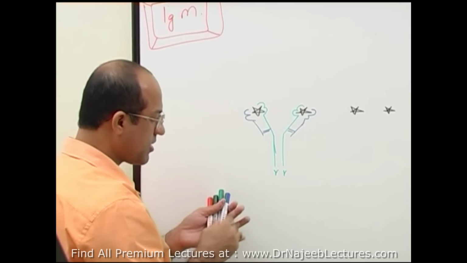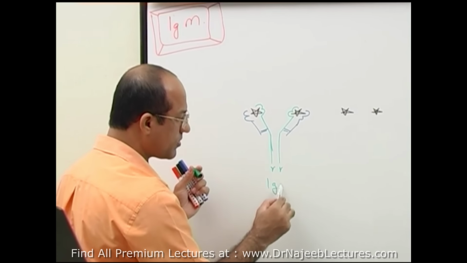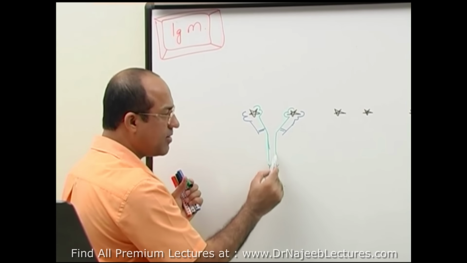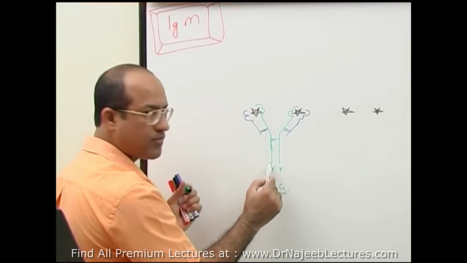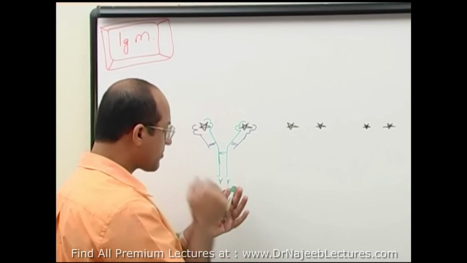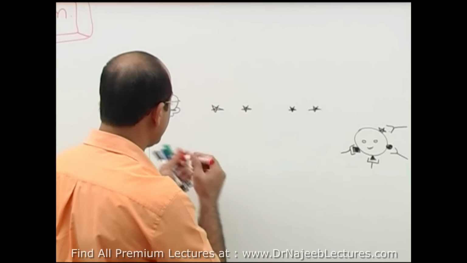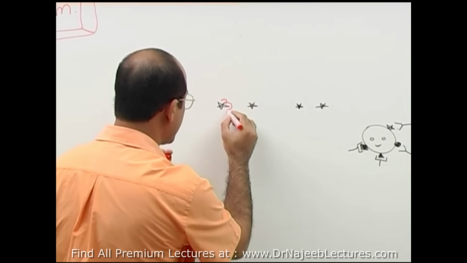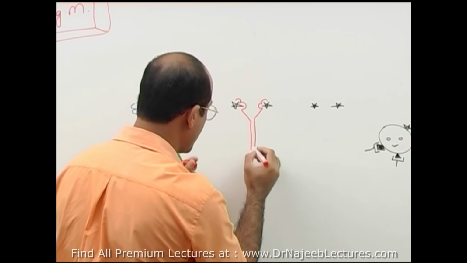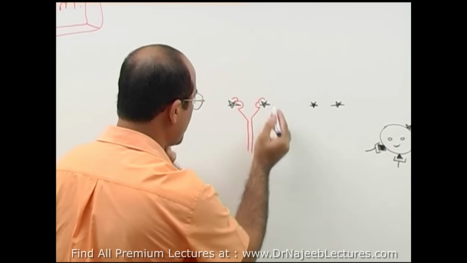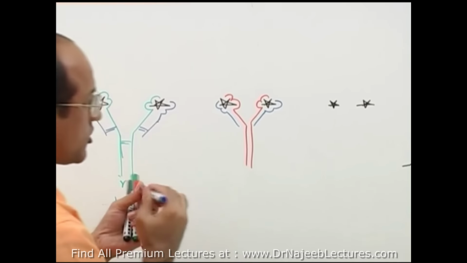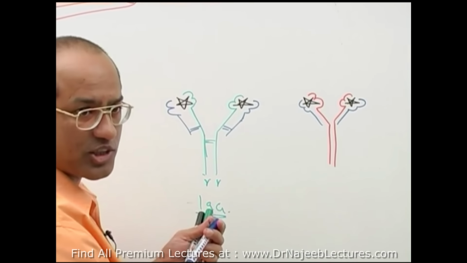If it is gamma, IgG. This is an IgG molecule because it has a heavy chain belonging to gamma. But the interesting thing is that now the heavy chain has been changed, but the specificity for the antigen has not changed.